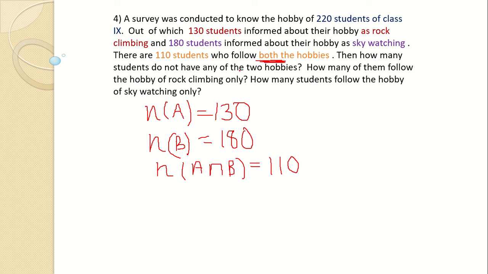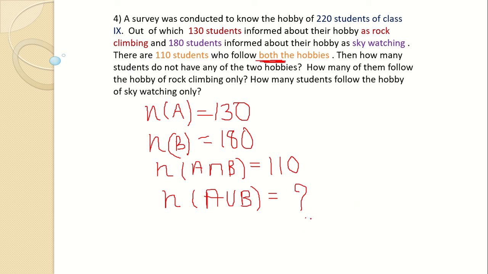How many students do not have any of the two hobbies? Now this is like the very first word problem that we did, who do not drink any of the drinks. So we found first who drink at least one of the two drinks. Like that, we will first find out the number of students who have at least one of the two hobbies, which will be n of A union B. This we can easily find using the formula.